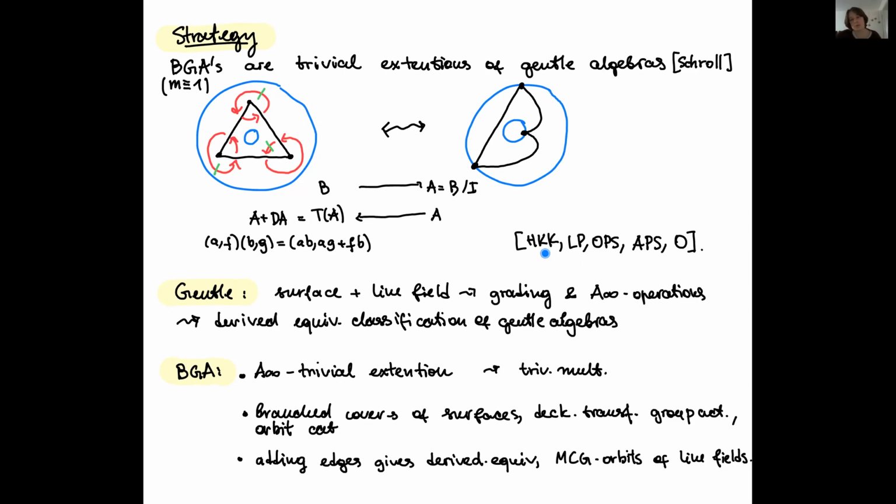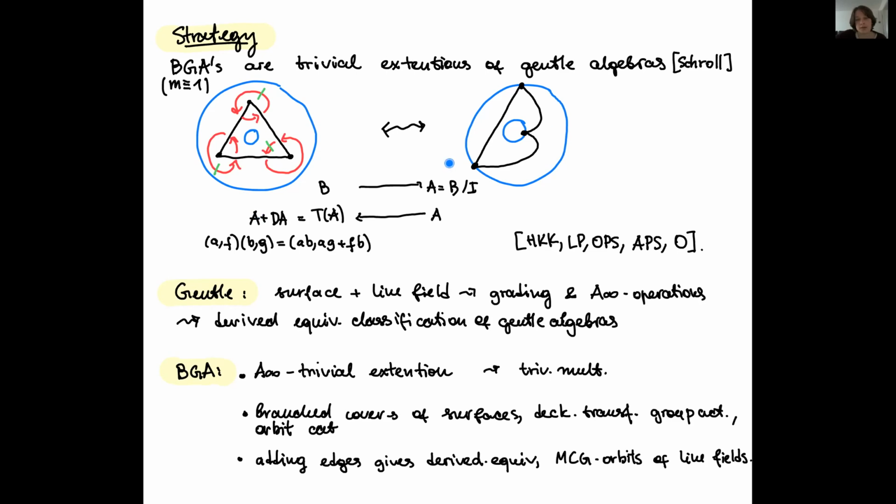And this is due to a lot of people: Haiden, Kontsevich, Lekili, Polishchuk, Opper, Plamondon, Schroll, Amiot, and Opper. And we want to follow the same strategy for Brauer graph algebras. So we want to enlarge the class of algebras so that the construction of derived equivalences becomes simpler. We do it in the following way. The same as in the case of Gentle algebras, we equip the surface with a special kind of line field.